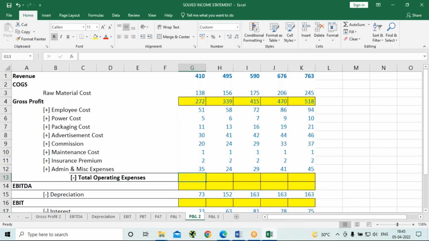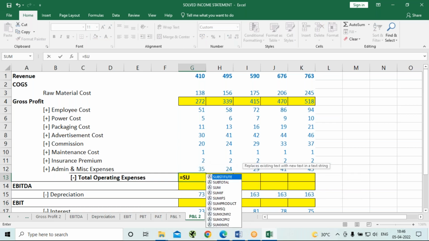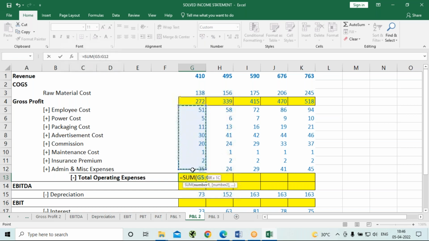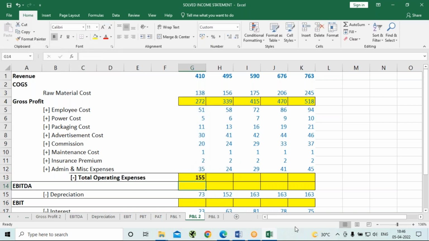Next, the total operating expenses will be the total of all the expenses after the gross profit. So it has to be calculated with the sum function. I can select all these values and accept it.